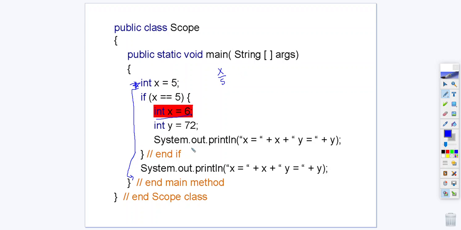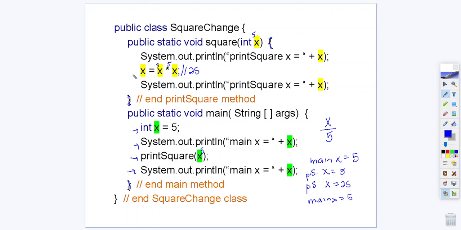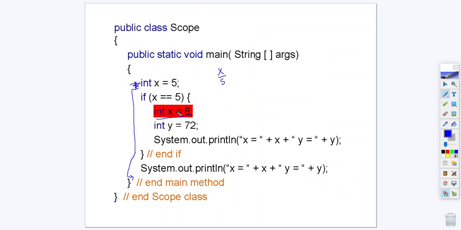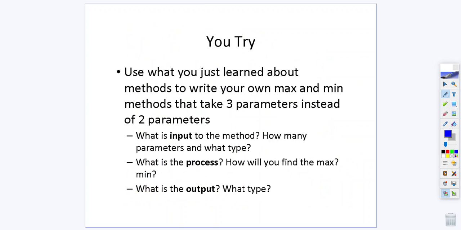So you can't have two declared like that. You'll get an error because it's going to be confused, thinking you're trying to redeclare one that already exists. Okay, so that's a common mistake. So the difference between this and here is x existed in this method and x existed in this method. They're two different methods, but you can't do that within the same method.